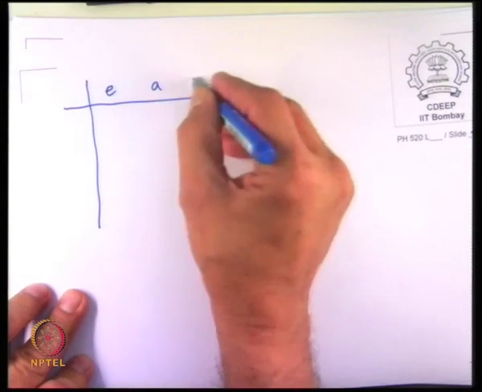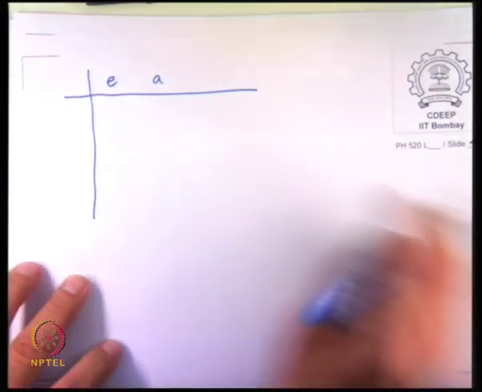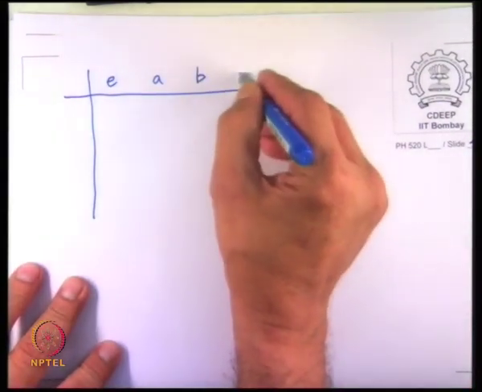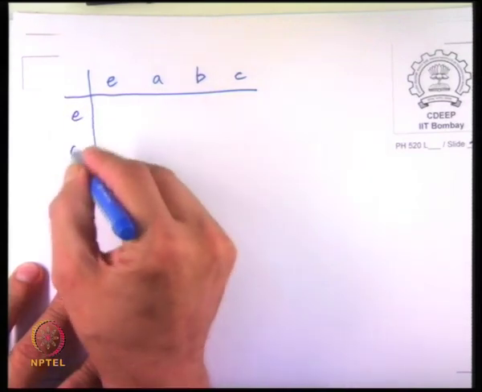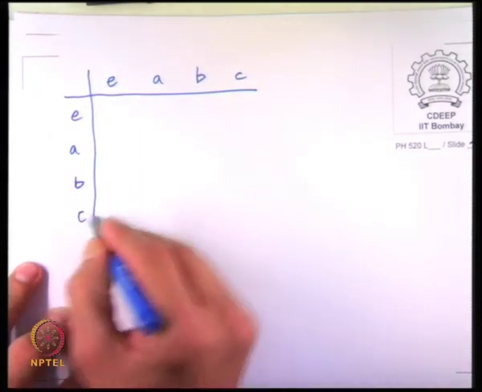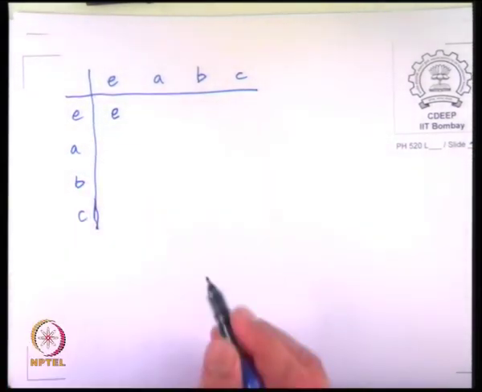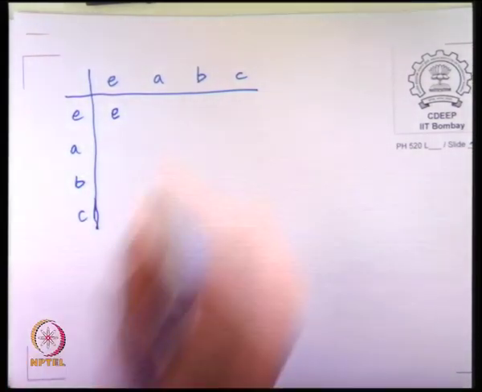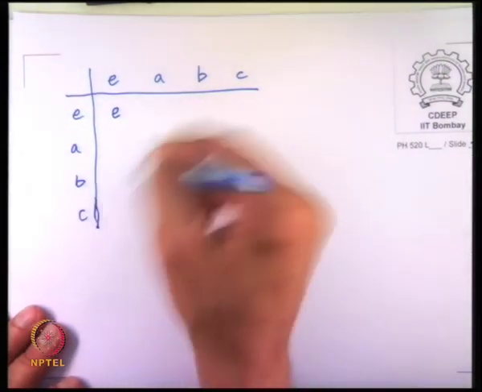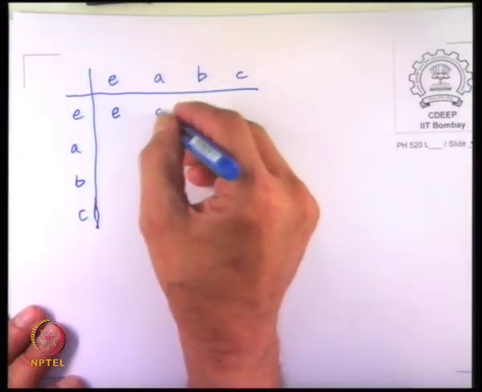In this case things are very simple, so we can just write out the multiplication table. So E, A, B and C. So this of course is E, and we can see that the top row and top column actually just repeat the labels above.